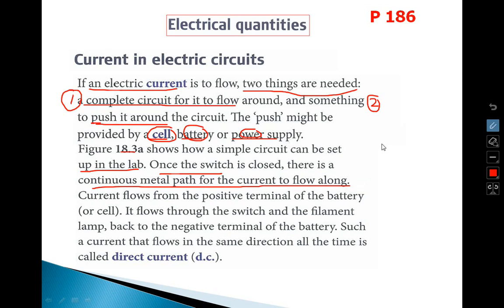So once the circuit is connected in the correct way, for example, we have a power supply here and other components in the circuit, like a lamp, voltmeter, ammeter, or resistance, the current will start moving through the circuit. If the circuit is disconnected or the switch is turned off, the current will stop moving through the circuit.